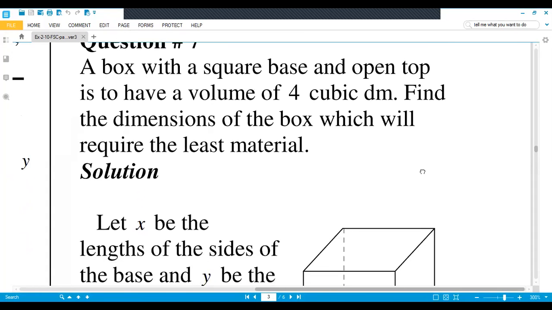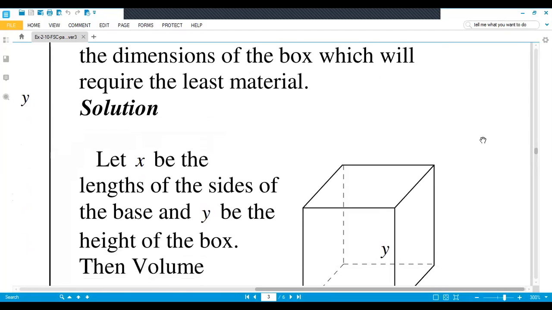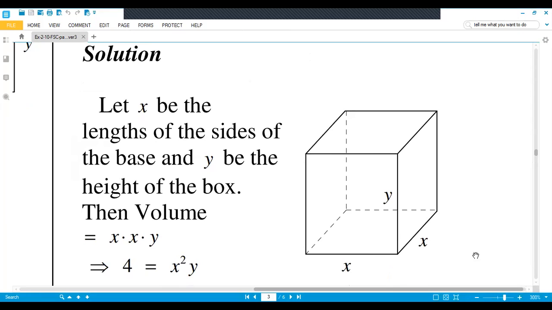You are given a box whose base is in the form of a square and its volume is 4 cubic decimeter, meaning 4 decimeter cube. What are you going to find? You are going to find its dimensions, meaning the length, breadth and height.